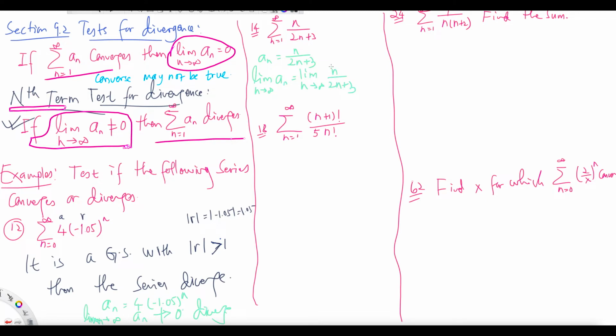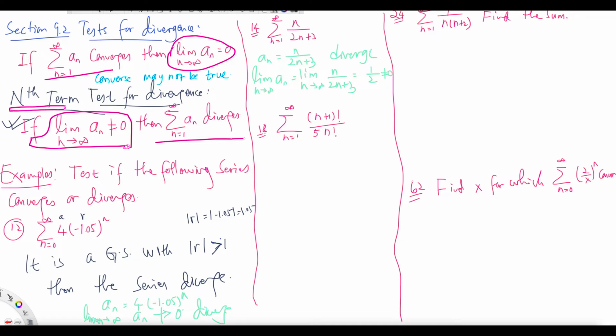If you plug in n tends to infinity, you get infinity over infinity, so you can use L'Hopital's rule. If you use L'Hopital's rule, what do you get? 1 over 2, because the derivative of n is 1 and the derivative of 2n plus 3 is 2. So is this 0? It is not equal to 0, so this series diverges, because the divergence theorem says that if the nth term has a limit different from 0, then the series diverges. So that's what we got, right?